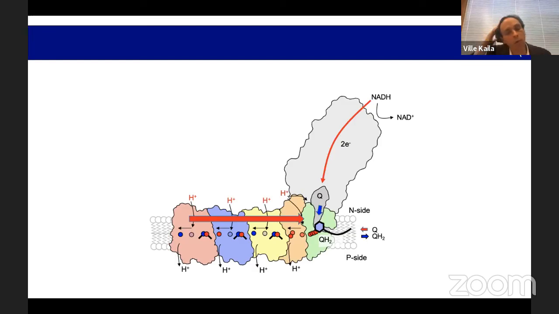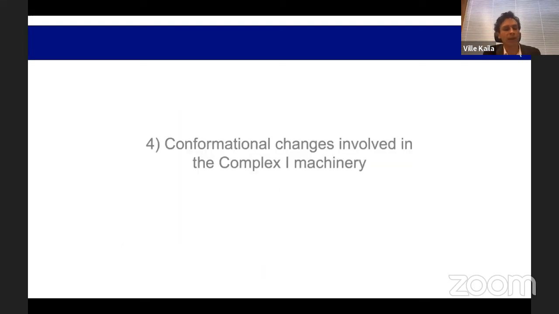So what I've shown to you includes hydration changes, some subtle motions in helices and other structural elements, and changes in hydration state. But there are also very interesting larger-scale conformational changes involved in this machinery that I thought could be interesting also for this community.